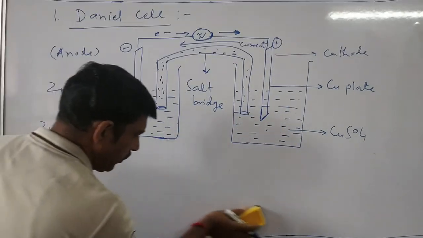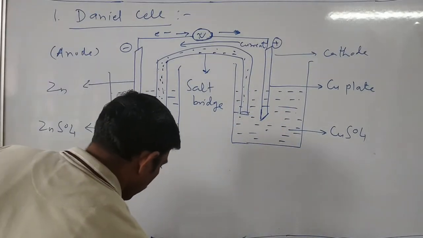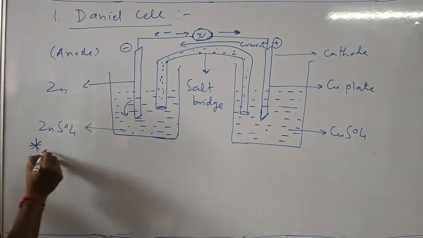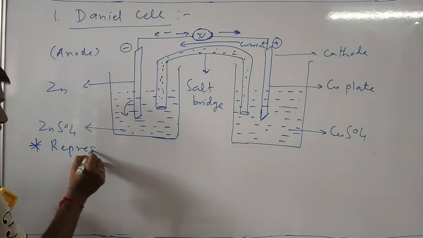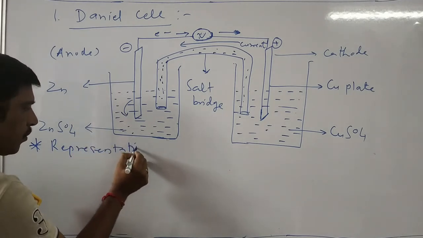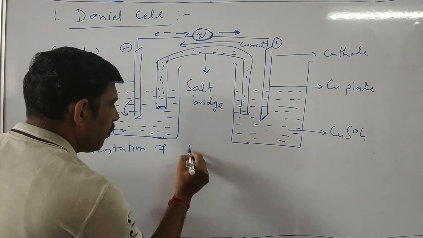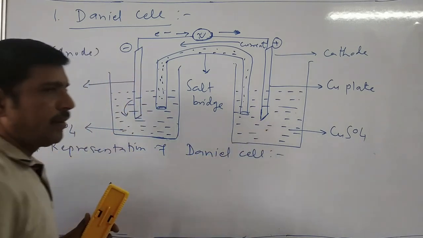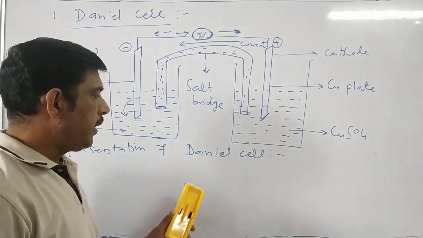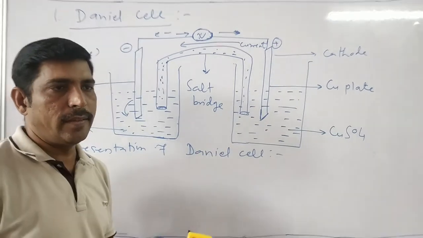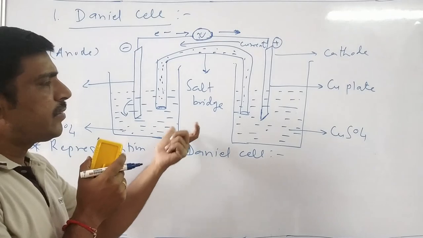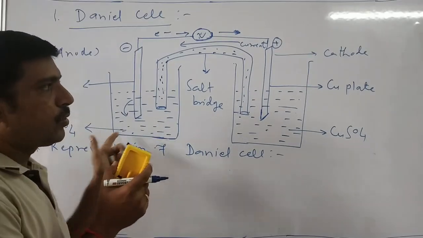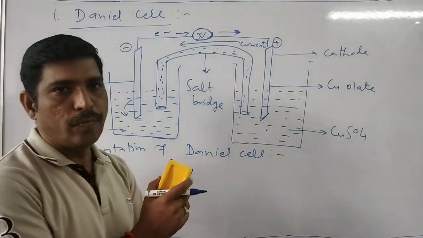Very important point: representation of the Daniell cell or any galvanic cell. We can consider different types of galvanic cells by changing the electrode and their salt solution.